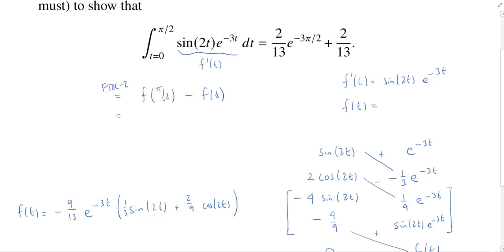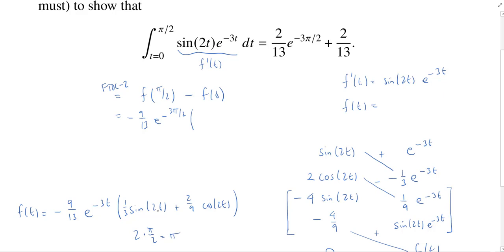So first, at pi over 2, we get negative 9/13 times e to the negative 3 pi over 2, times, now let's see, each of these has a 2t, so 2 times pi over 2 is equal to pi.